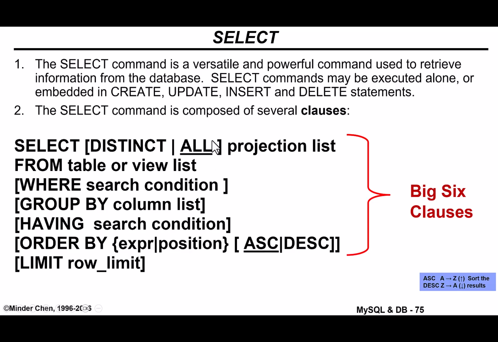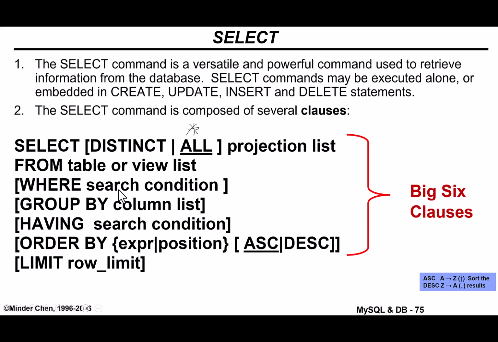All is not a reserved word. All just means you could use something like an asterisk, meaning I need all the columns. And you can actually have a list of columns, which here we call the projection list. This is from a relational algebra viewpoint. You can select data from a table or view, which we mentioned a little bit. Don't worry, we're going to use tables mostly in this tutorial.